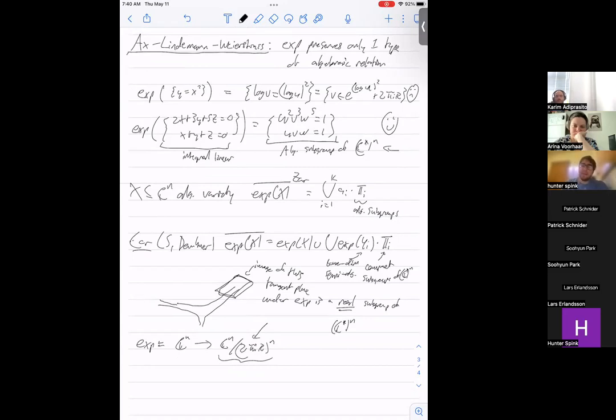Okay. So how did we do this? Well, what we did was the following. We adapted the work of some other people who did something much smarter than us. Pila and Starchenko used model theory to solve this problem when lambda is co-compact.